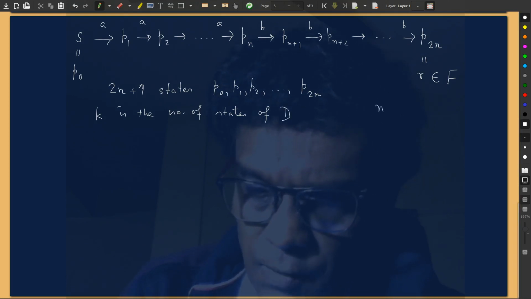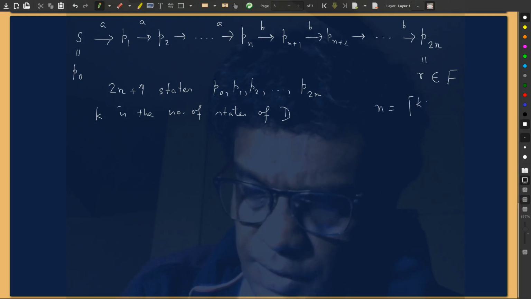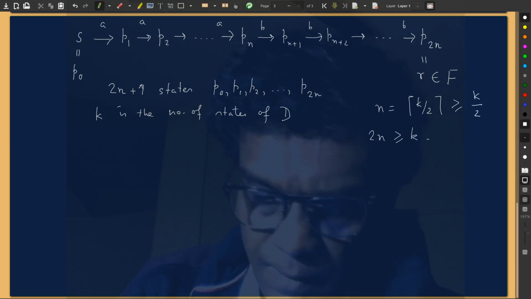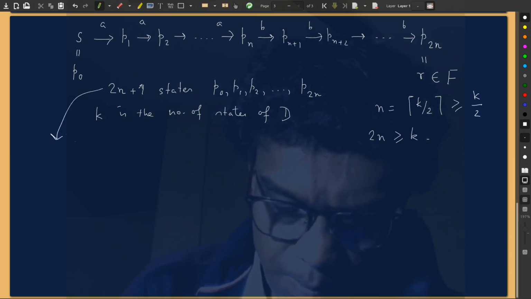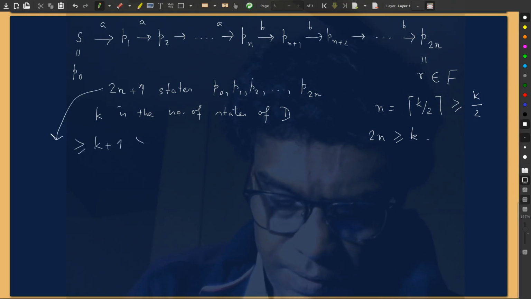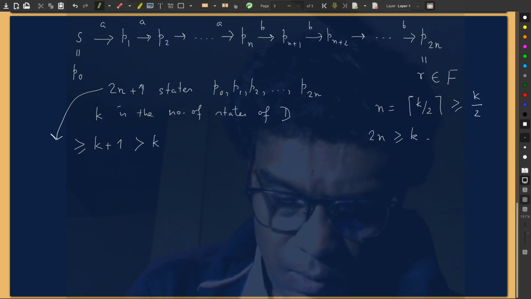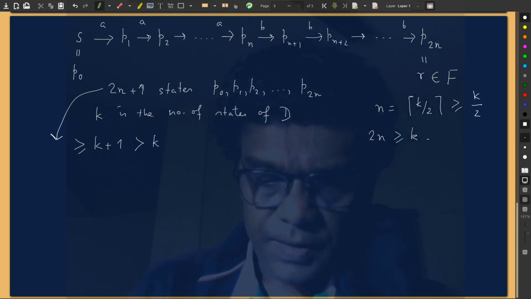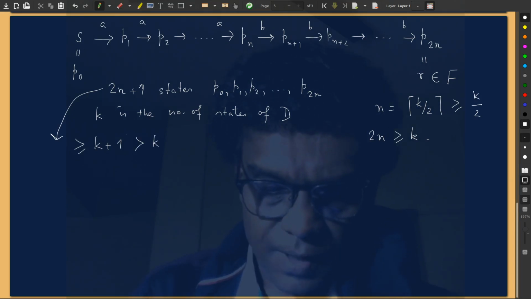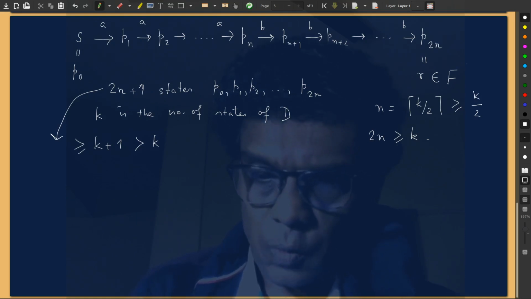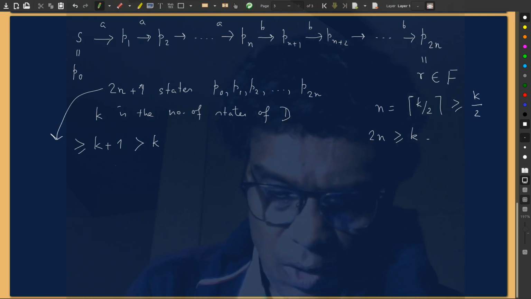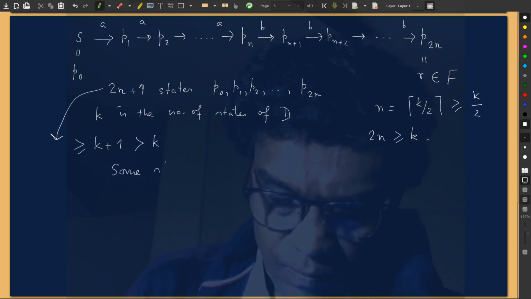And we have chosen n equal to ceiling of k by 2, so this is greater than or equal to k by 2. So 2n is greater than or equal to k, so 2n plus 1 is greater than or equal to k plus 1, which is greater than k. So by the pigeonhole principle, since k is the total number of states and I have at least k plus 1 states, p0, p1, p2 up to p2n, some state must repeat.